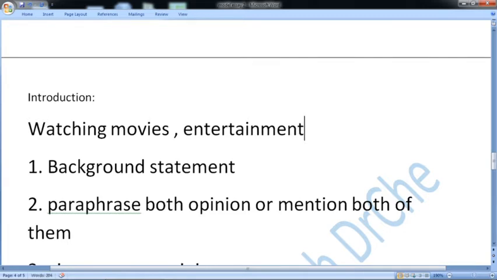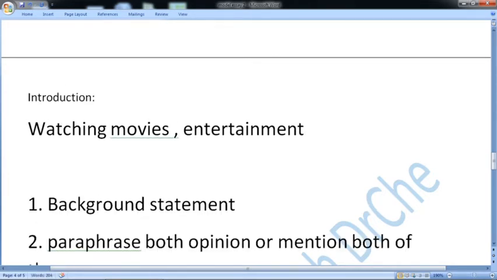This is a general topic, and a specific topic is at what place we have to watch movies. So first we will write the introduction, then first of all the background statement.